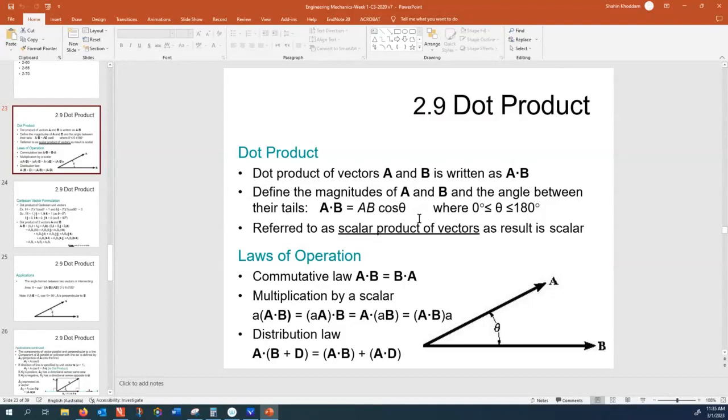If I'm given the angle between the vectors, the easiest way is just magnitude of this, multiply magnitude of that, multiply by cos theta. But the chances are, like the previous sample, you don't have angle between them. So what do you do? You multiply the similar terms and add them together. So two formulas should give you the same answer depending what you are being provided with. So you decide which formula you use.